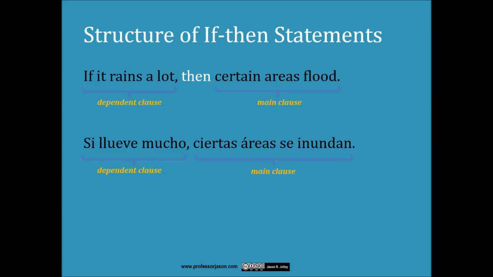Si llueve mucho, entonces ciertas áreas se inundan. That word is often left out and not explicitly stated when forming if-then statements. In fact, most of the time I would say it is left out in both languages, so it's more common, if it rains a lot, certain areas flood, to leave out that word that introduces the main clause.